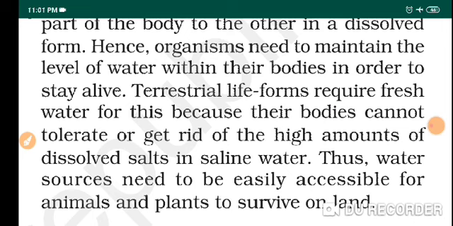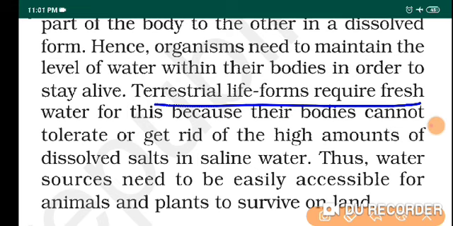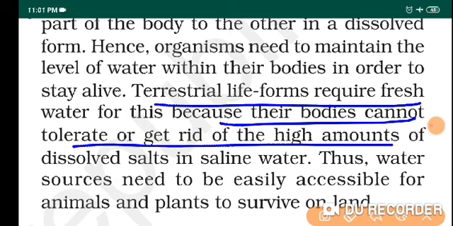Okay. Now the terrestrial animals, terrestrial living creatures, they require fresh water because their bodies cannot tolerate a high amount of dissolved salts. Only the aquatic animals which are in the oceans and the seas are capable of living in that salty condition. Otherwise, most of the life on the planet, the terrestrial life and the life in fresh water, if you put them into the saline medium, that is the ocean or the seas, then they will die.